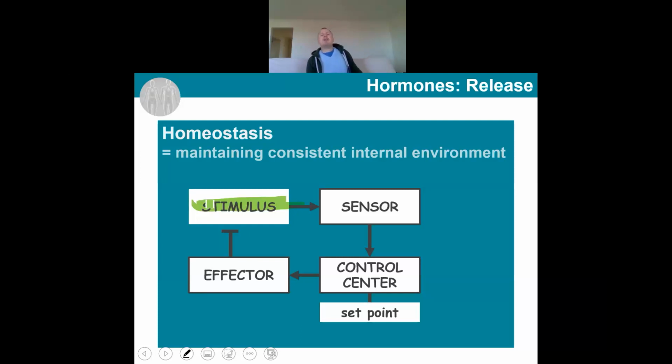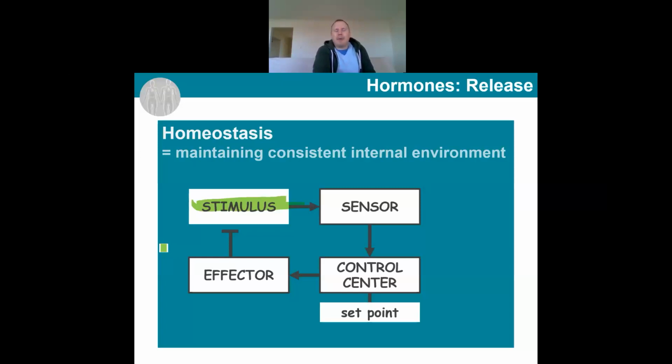Let's look at that through a process of homeostasis. There is a stimulus, and the stimulus would be that our normal core temperature of the body, which is around 37 Celsius, has changed. I would have to look up what that is in Fahrenheit. The rest of the science uses Celsius.